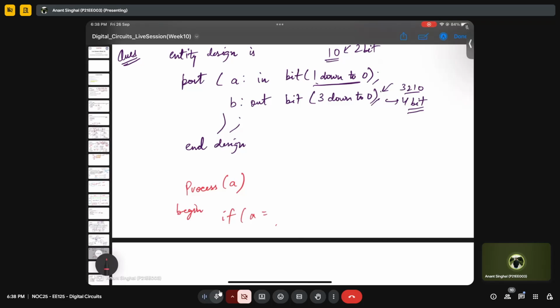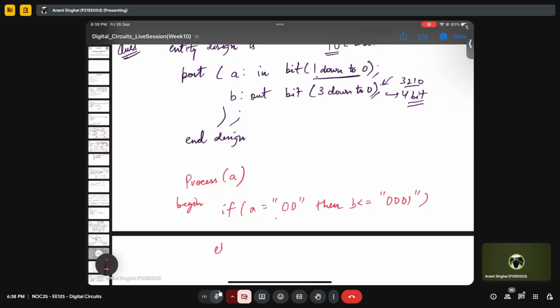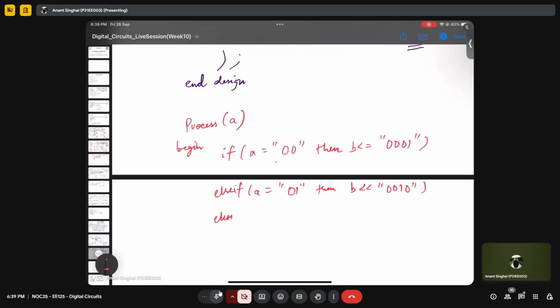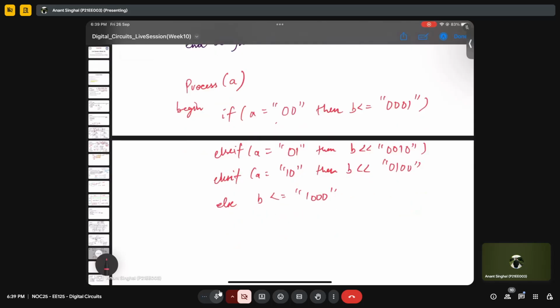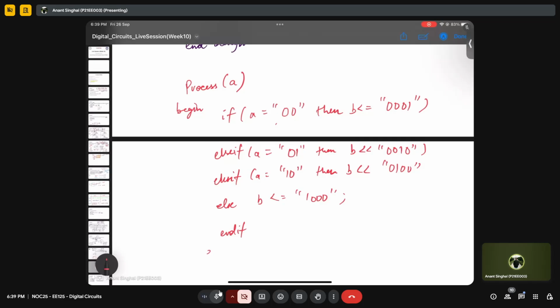It says if A is equal to 00, then B is assigned 0001. Then else if A is equal to 01, then B is assigned 0010. Then else if A is equal to 10, then B is assigned 0100. The last statement is else, B is 1000. Then I'll do the end if, then the end process, and then the end begin.